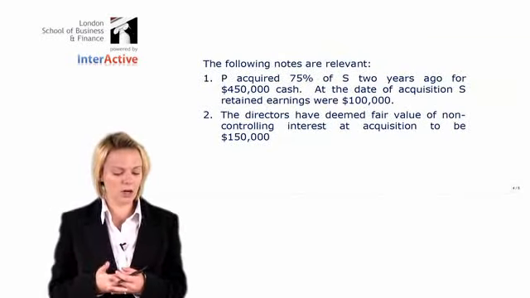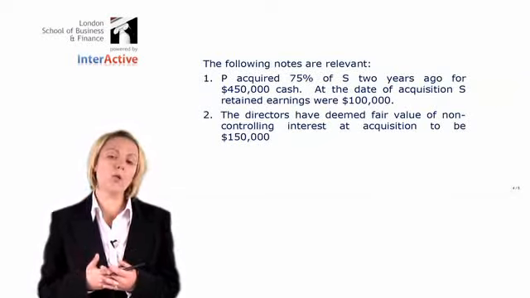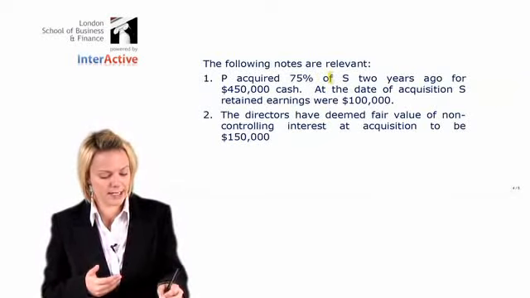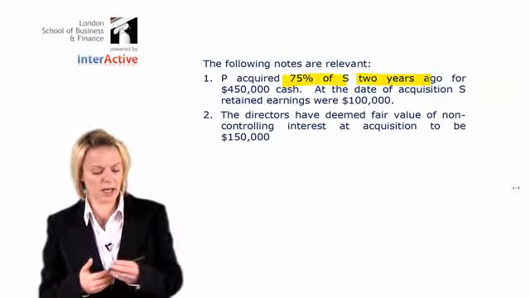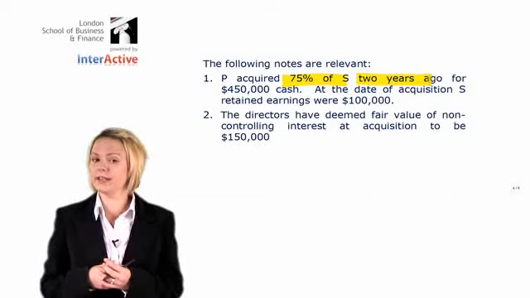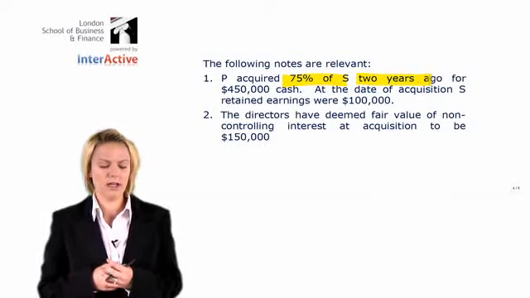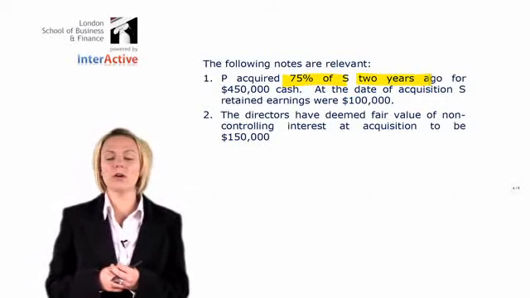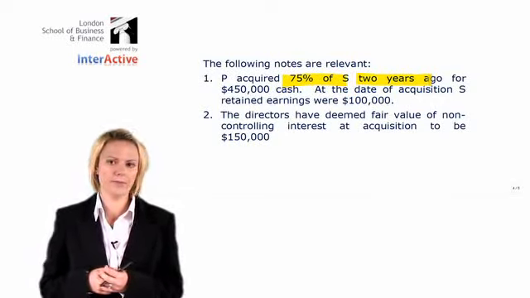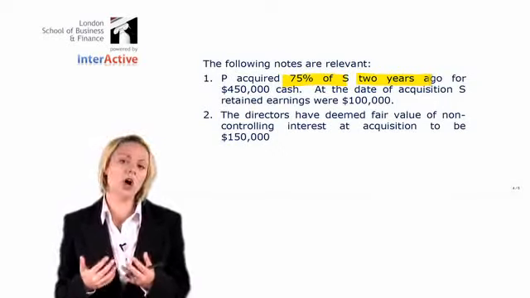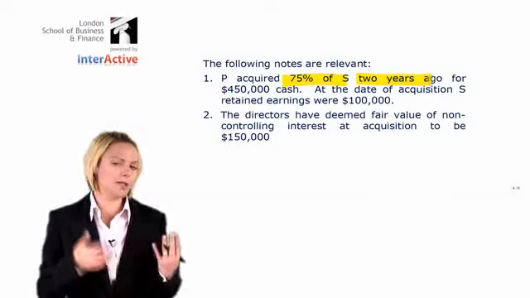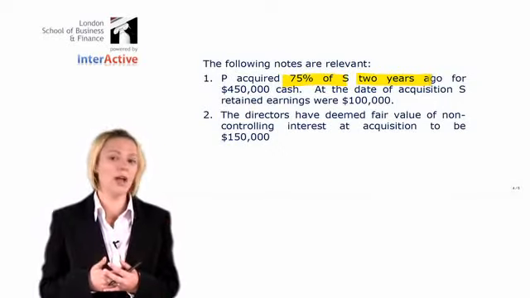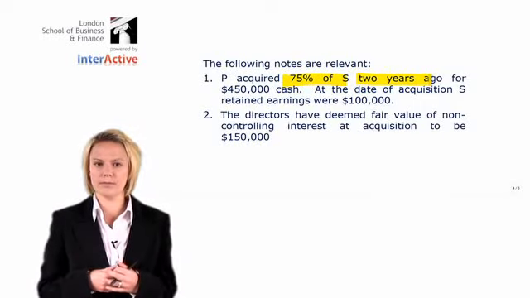So the following notes are relevant. P acquired 75% of S 2 years ago for $450,000 cash. At the date of acquisition, S retained earnings were $100,000. Right then, we can start to see the relationship between those two companies that we saw the financial statements for.